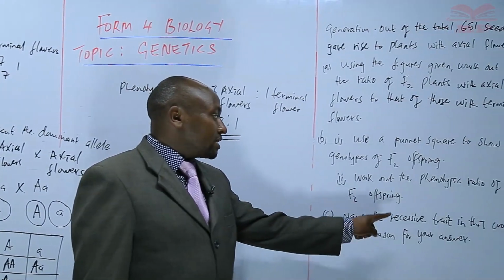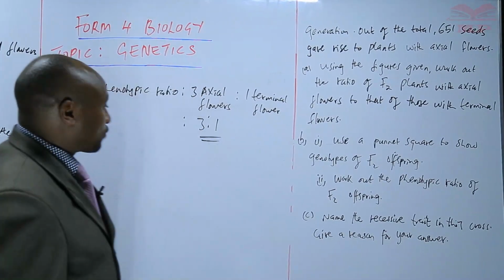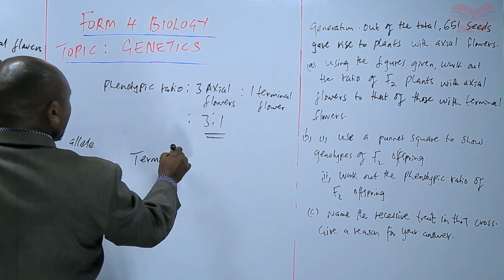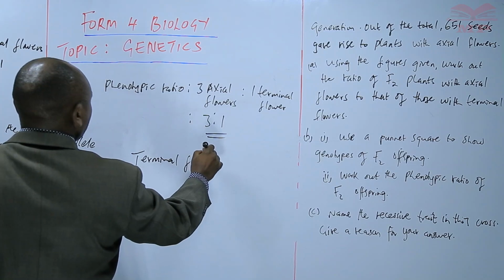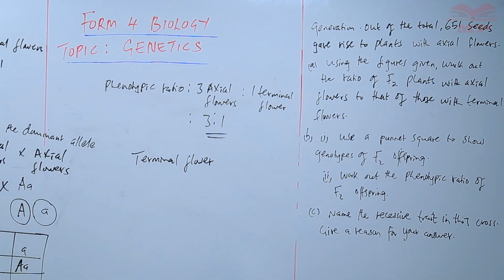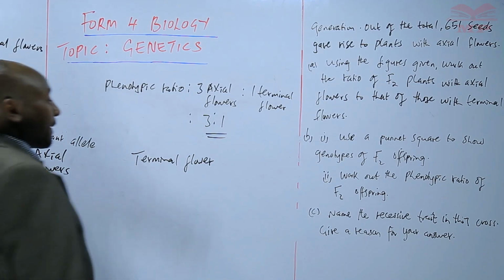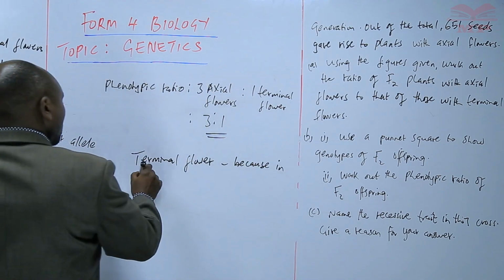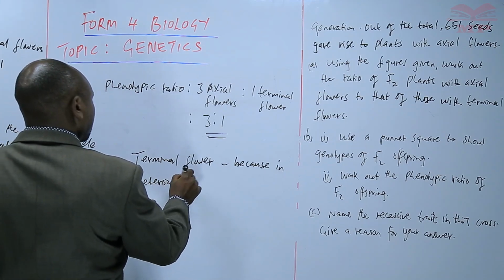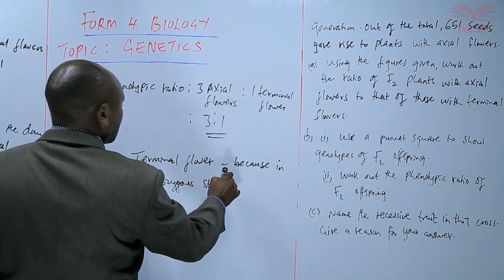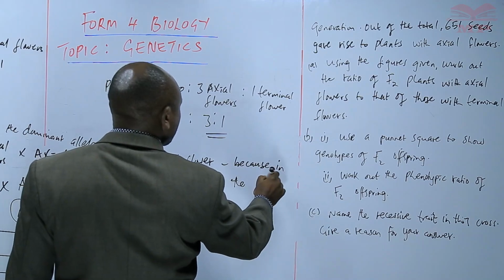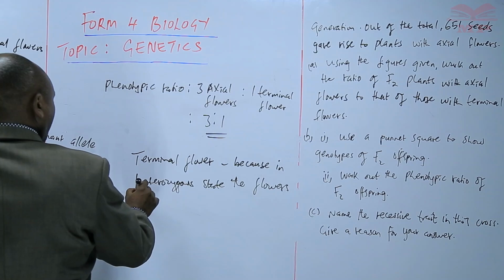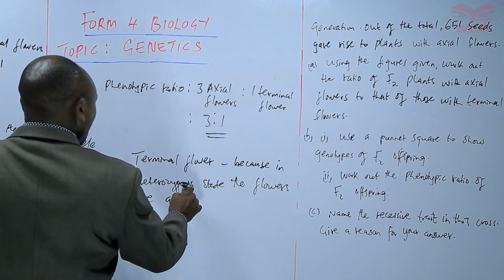Name the recessive trait in this cross and then give a reason for your answer. The recessive trait is the terminal flower. The terminal flower is the recessive because in a heterozygous state, the flowers are axial.